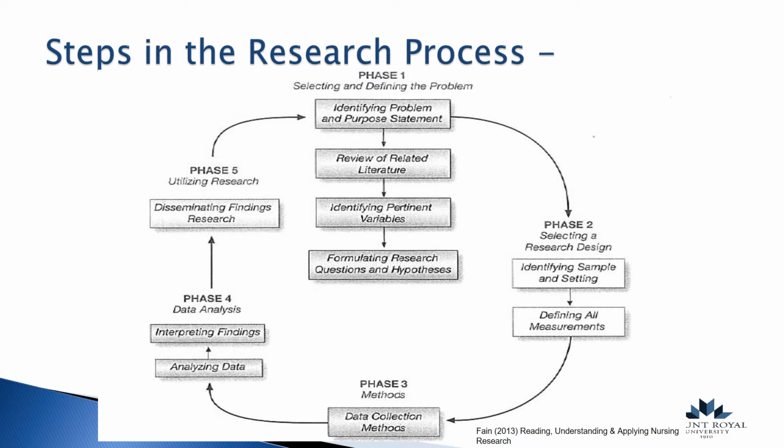It could be interviewing people in the community, etc. And then if we are going to be measuring anything, as in a quantitative study, we really have to define all our measurements exactly and really clearly lay out what it is we're measuring, how we're going to measure it, how we're going to describe it.